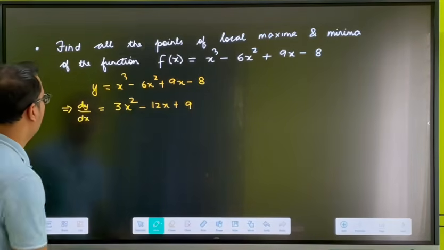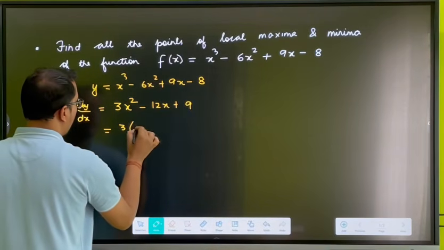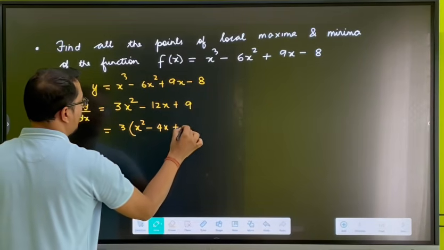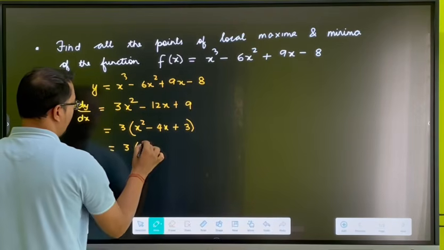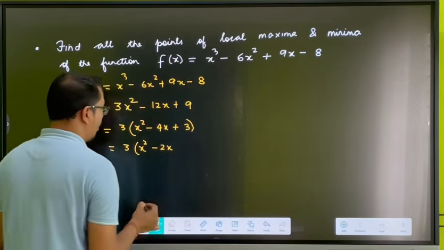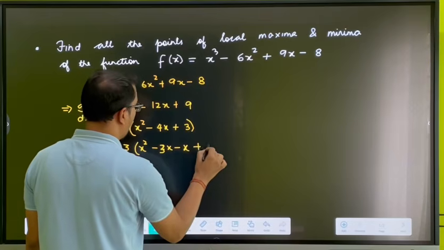Now we take 3 common, so x square minus 4x plus 3. By middle term splitting, minus 3x minus x plus 3.